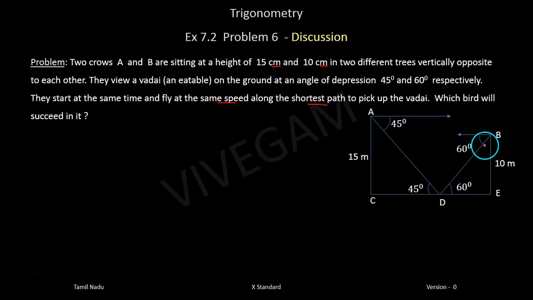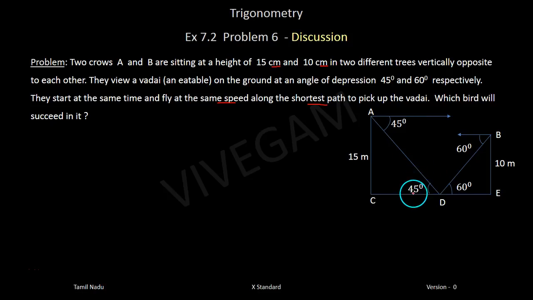Now you have this is 60, this is 45, and this is 10 meters. The second crow is sitting on a tree which is 10 meters high, whereas the first one is sitting at 15 meters high. Now this has to travel AD and this has to travel BD. So basically you have to calculate this distance.